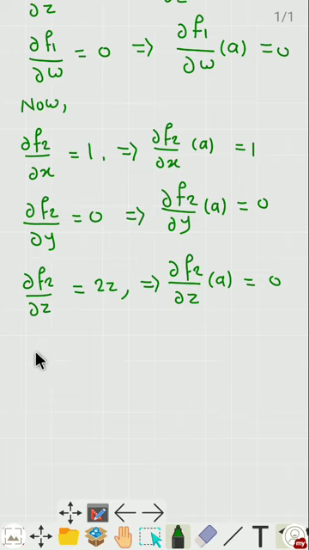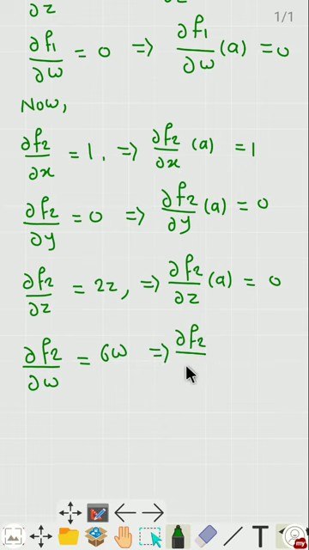Now last is the partial derivative of f2 with respect to w, which is 6w, and we find the value of this partial derivative at point A. The w coordinate is -1, so it is -6. Okay, so these are the values in the second row.